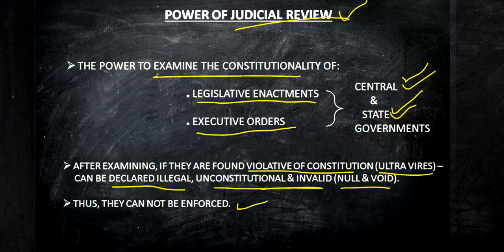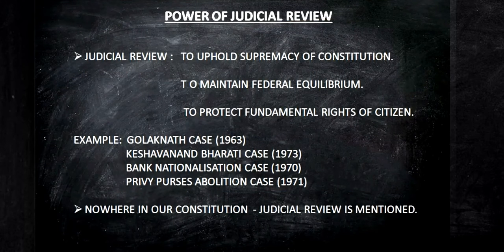Actually, in our constitution, Article 13 as well as Article 136, these two articles have provisions similar to this issue of examining the constitutionality of laws and executive orders of central and state governments. So this issue is mentioned in both these articles, which we call judicial review. But nowhere in our constitution has the term judicial review been used. Is it clear? Now let's move on to the next important issue.